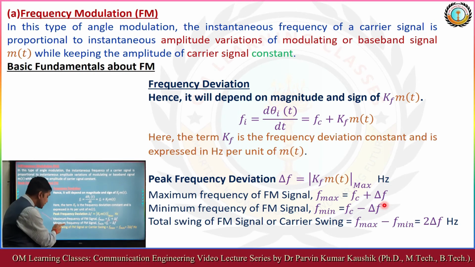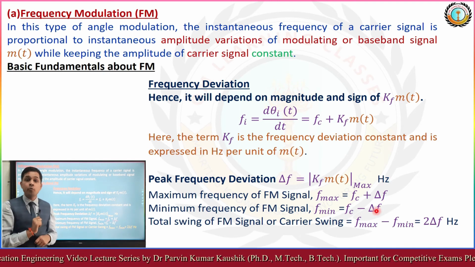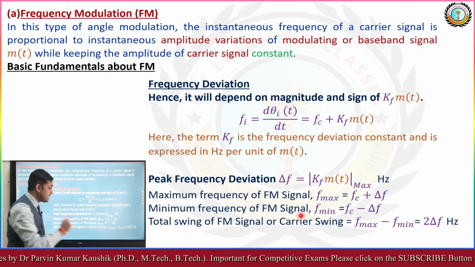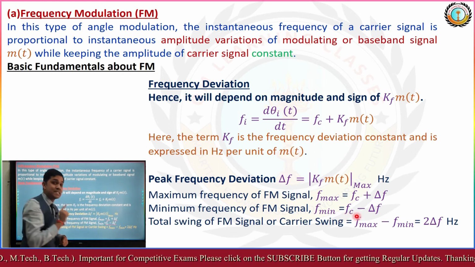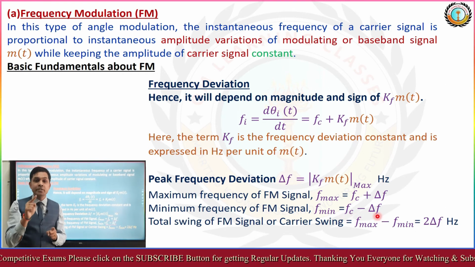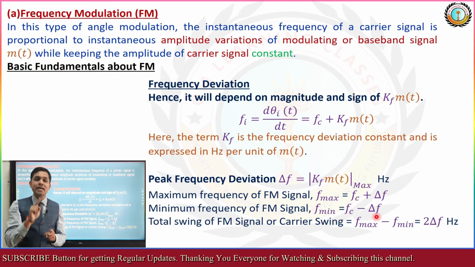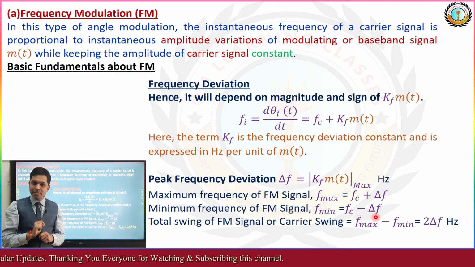Second, we have the minimum frequency of the FM signal, and that is equivalent to fc minus delta f, that is corresponding to decrement in unmodulated carrier frequency.